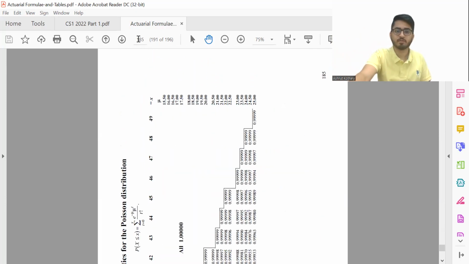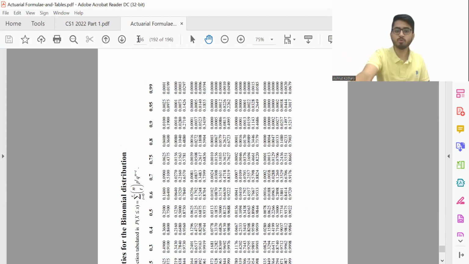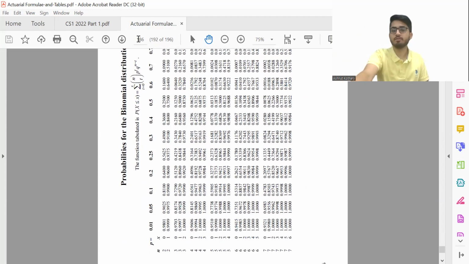And then next, if we go to page number 186, you will have the CDF table for a binomial distribution for different combinations of n and p. So this is just for you to keep in mind whenever you need to find, let's say, less than equal to probabilities, you can directly use tables where the existing combinations of either lambda in case of Poisson or n, p in case of binomial is available.